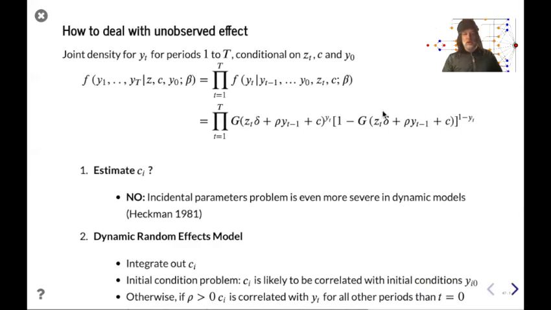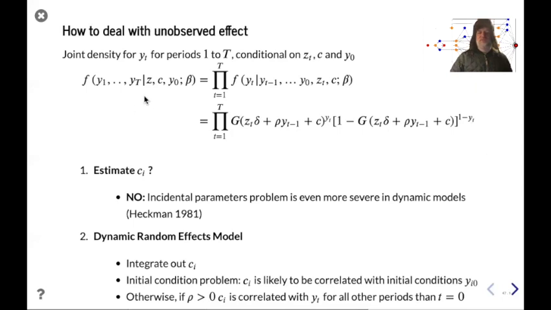And so we can paste in our model for that particular density, and then we have the probability that y is equal to 1, which is what we have here, and then one minus that probability in case y is equal to 0. And we multiply all these together across the different time periods.